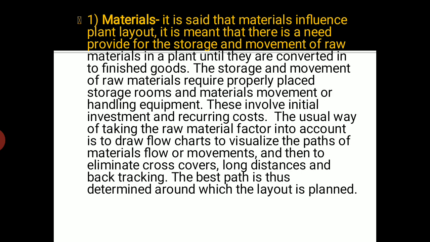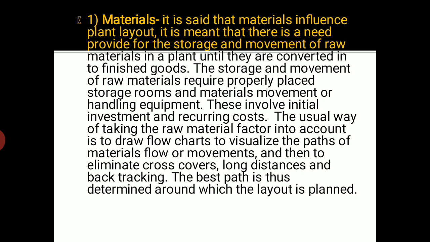The storage and movement of raw materials require properly placed storage rooms and material movement or handling equipment. As I told you before also, material is the basic ingredient. Before you change it into the complete product, you have to store it properly and safely, right? Hazard free, you have to store it, and then bring it to the process. It is lying somewhere in the storehouse, you bring it to process number 1, then you carry on to number 2, number 3, number 4, number 5, and at the end of the 5th stage, you are converting actual materials into actual finished goods.